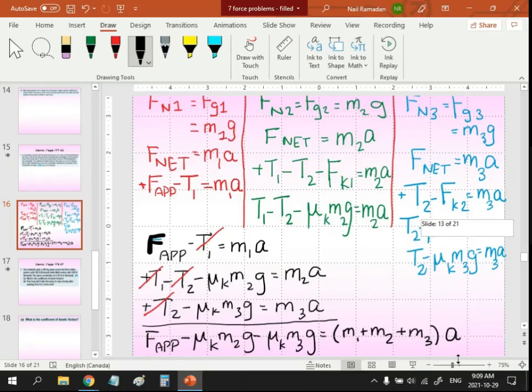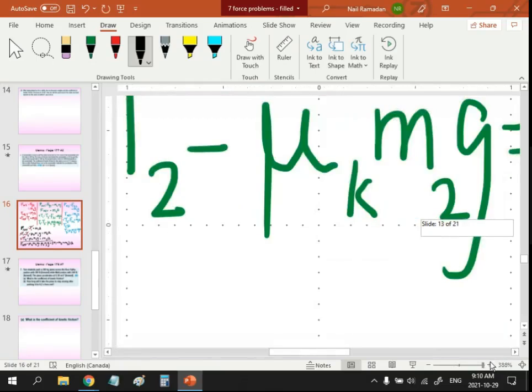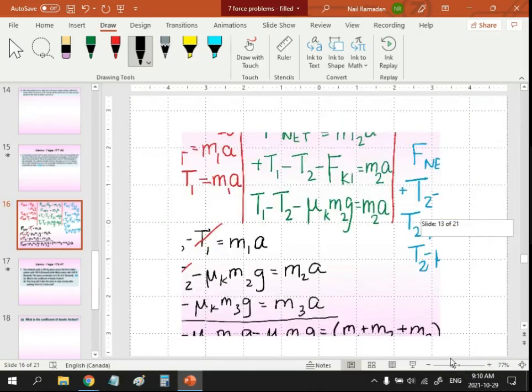How many people remember what the opposite of factoring is? Starts with E. Expanding. Got it? How do you expand? You multiply this inside, right? What's M1 times A? M1A. Factor just to make your life easier, not to solve, just to make your life easier.